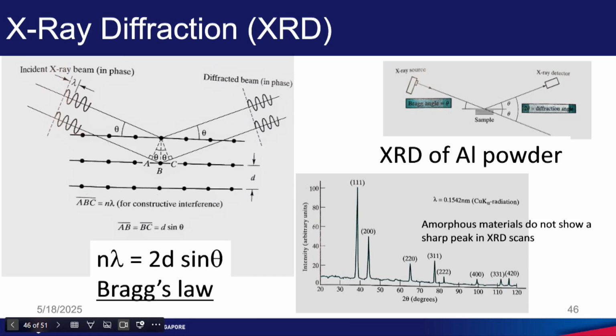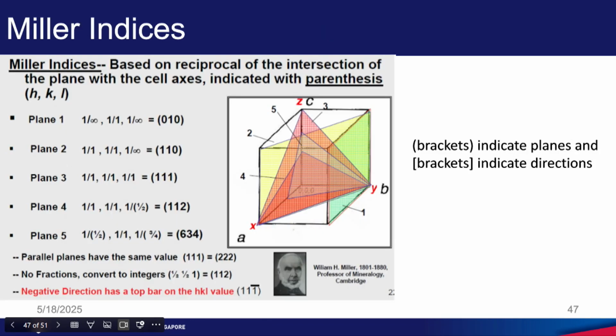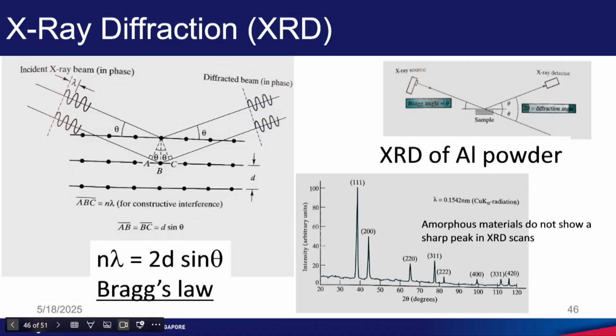Okay. So, when you do XRD, you will find there will be some peaks. Okay. So, if you know the lambda, because that is the wavelength that you used in the X-ray system, then you know the peak positions. So, these are 2 theta. So, you divide this angle by 2, you will get theta.